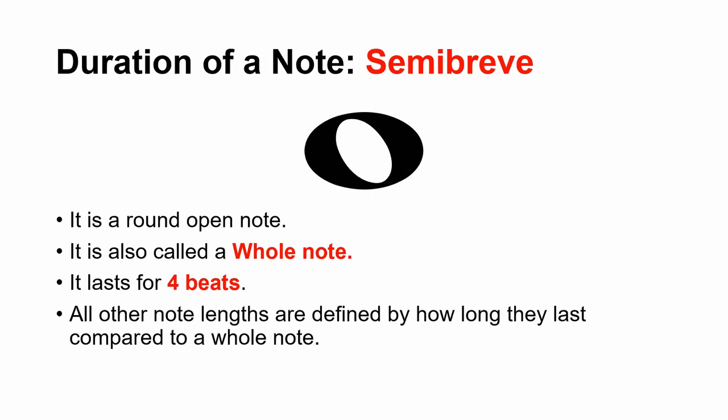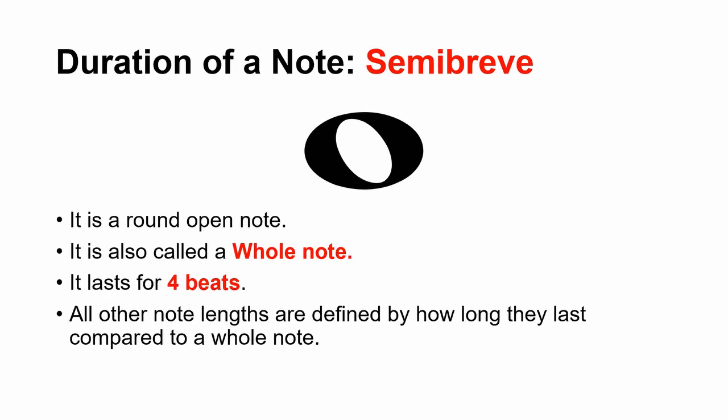So when you see a note that looks like a semi-breve, it lasts for 4 beats, meaning that the moment you either sing the note or you play the note, or if you're playing an instrument, you play and hold that note for 4 beats.